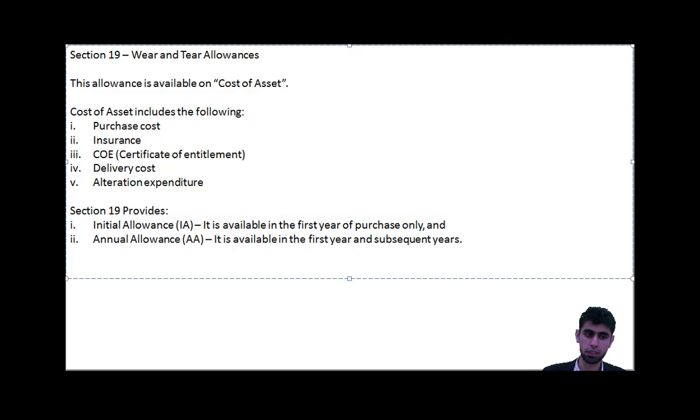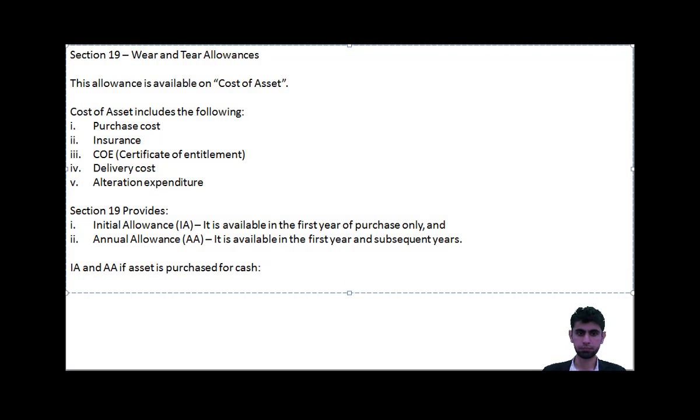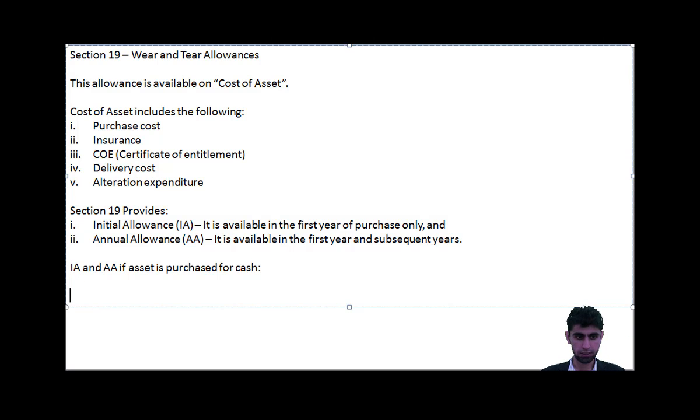So let's first cover how to calculate initial allowance and annual allowance if the asset is purchased for cash. So how to calculate initial allowance? Initial allowance is calculated as follows.